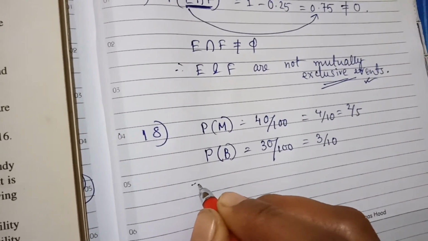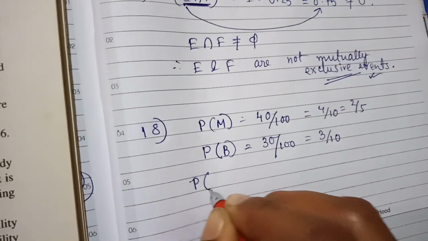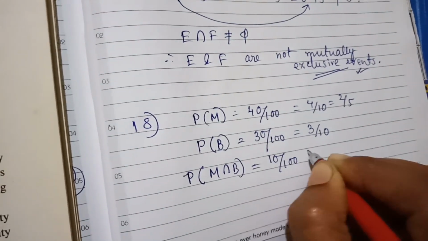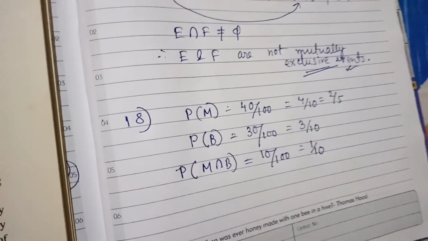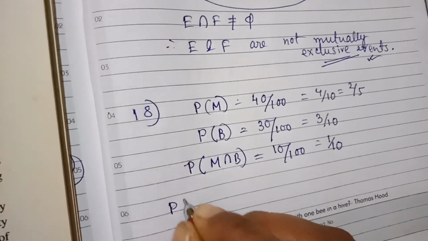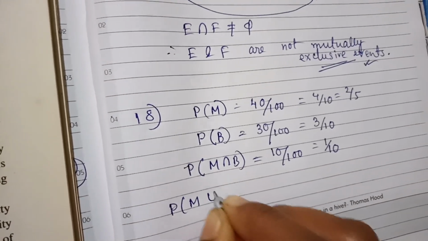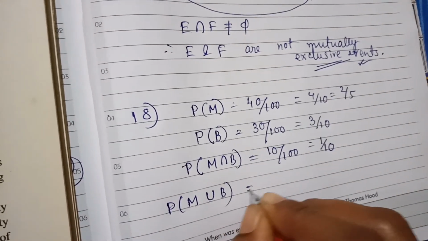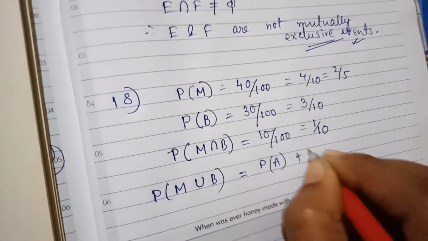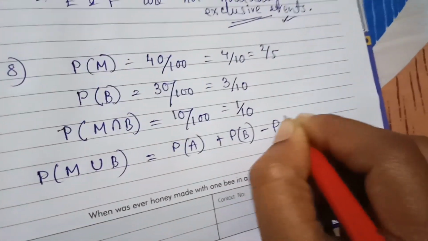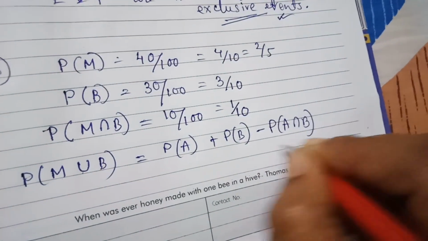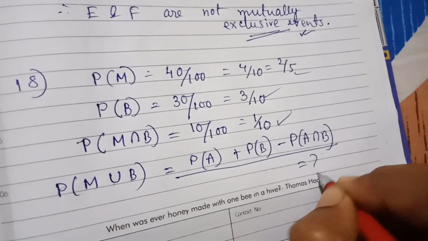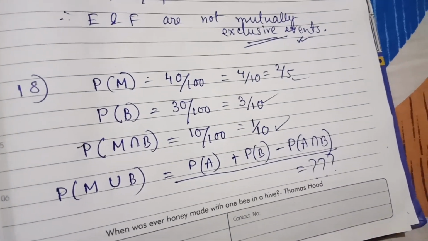And both mathematics and biology, P of M intersection B equals 10 by 100, that means 1 by 10. We need to find P of M or B, that means P of M union B, and this you all know the formula: P of A plus P of B minus P of A intersection B. So from this formula we can put all three values and we can get the final result.